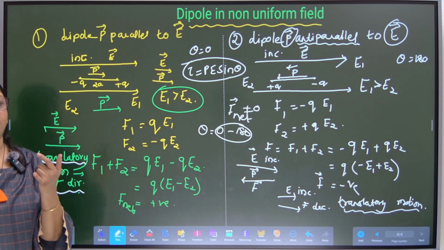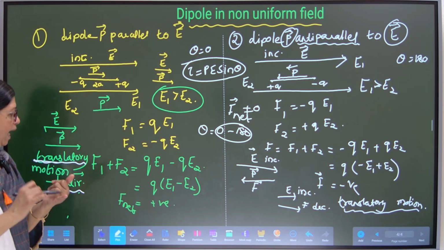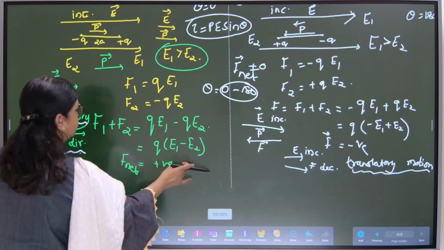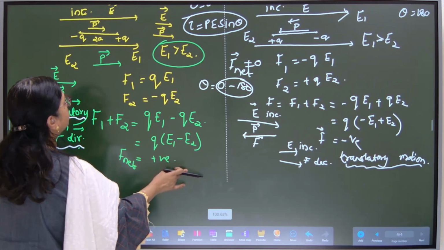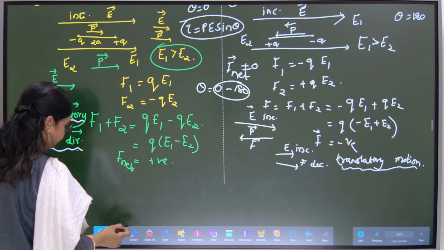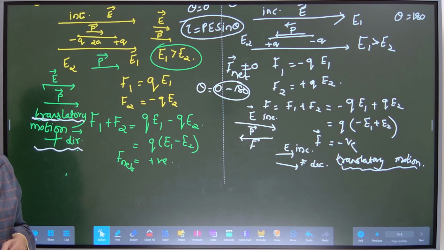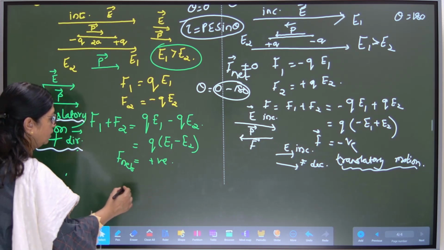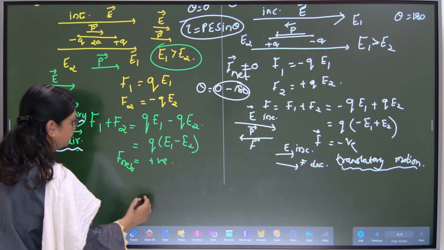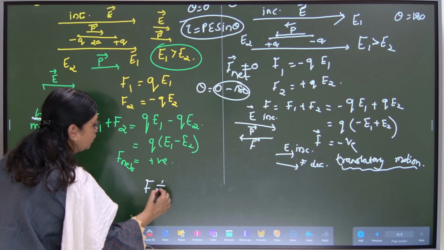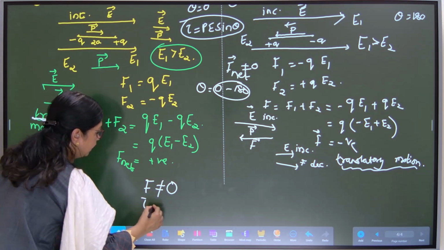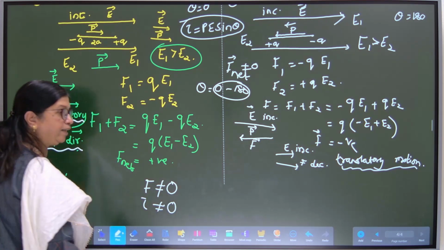So these are the points which you have to remember: when I place a dipole in non-uniform electric field, the force is non-zero, torque is also non-zero.